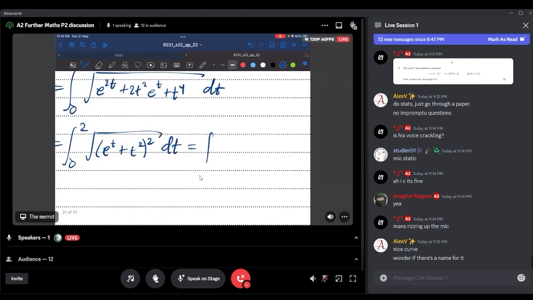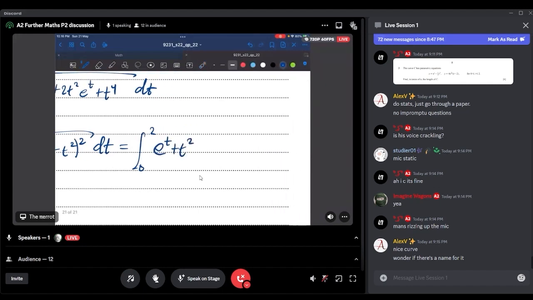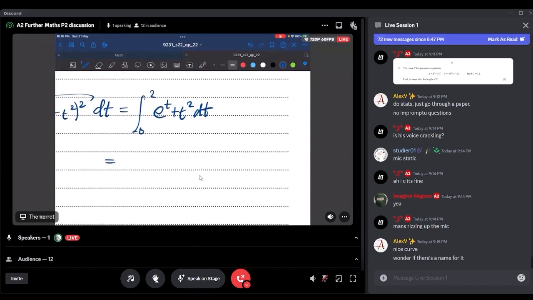So the square root of this thing will just be that. And you can just integrate: e squared minus 1 plus 1/3 of 2 cubed. That's your answer.